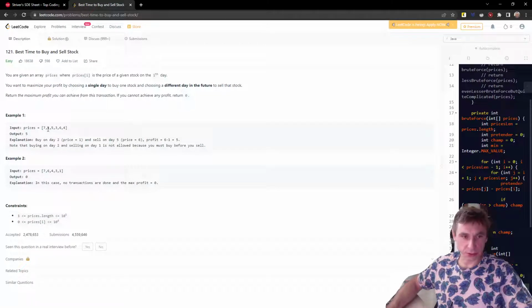So for example here, when buying on the day when it costed 1 and selling when it costed 6 gives us the biggest profit. So this is the output we need to find out. We need to remember that we can't sell before buying.